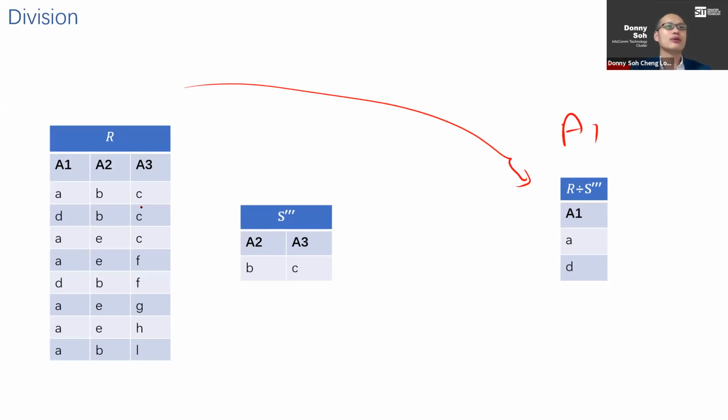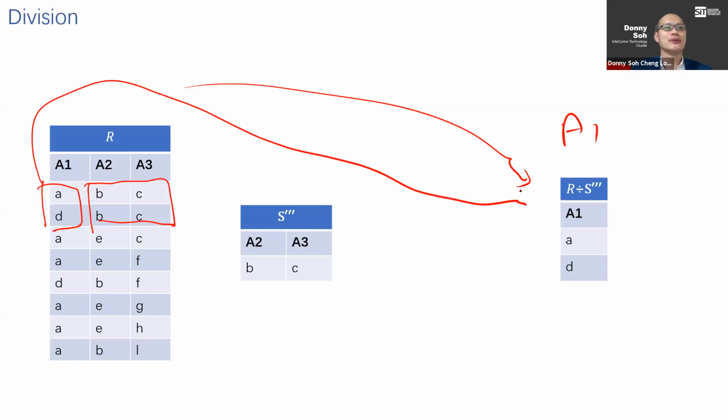In a way, I want to look at all the rows with BC over here. Actually, there are only these two rows with BC, and AD will then get returned over here.